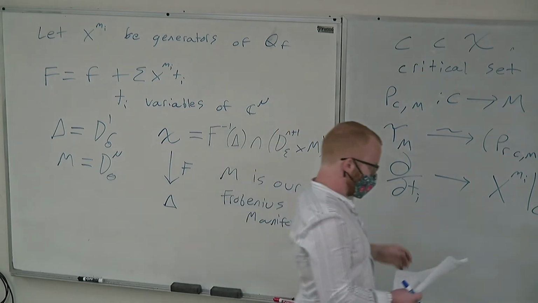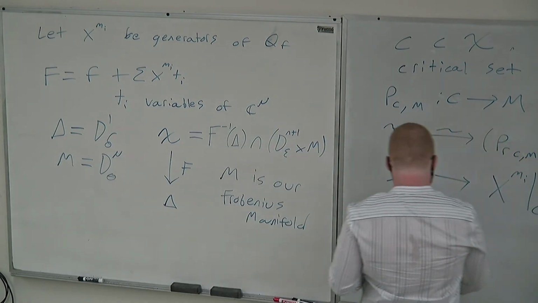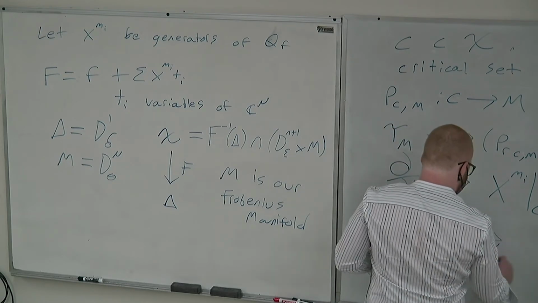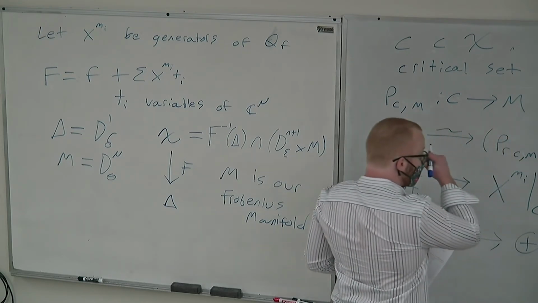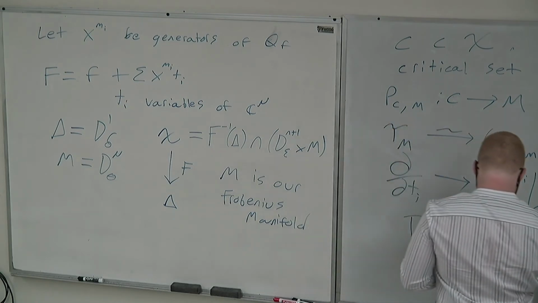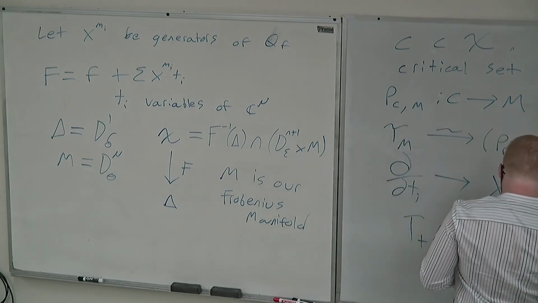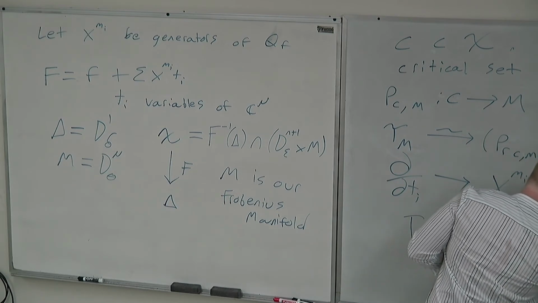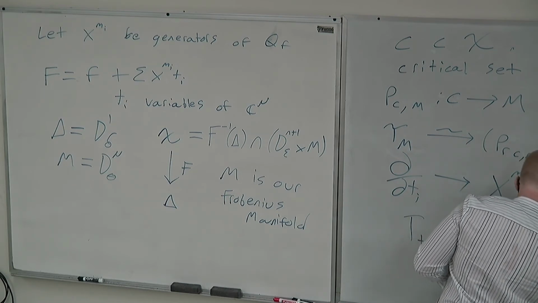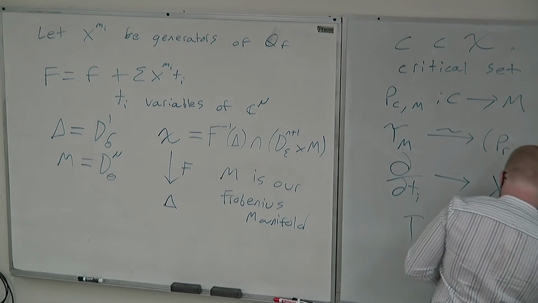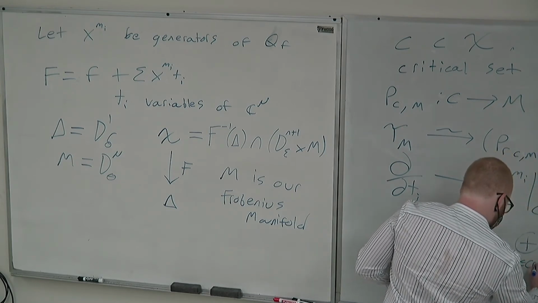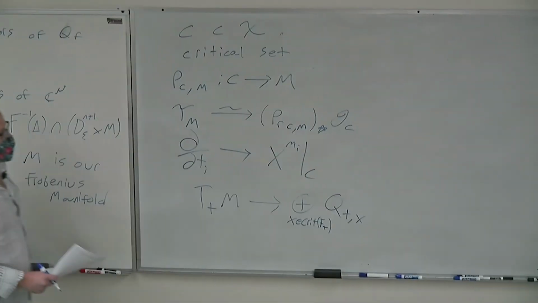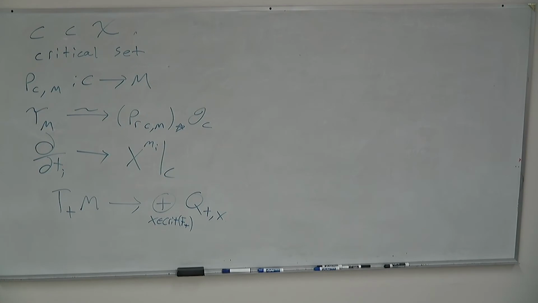Right? And if you look locally, at some value of this tangent bundle, you're just going to get a direct sum of these Jacobian algebras. So locally, it just looks like a direct sum of these Jacobian algebras.